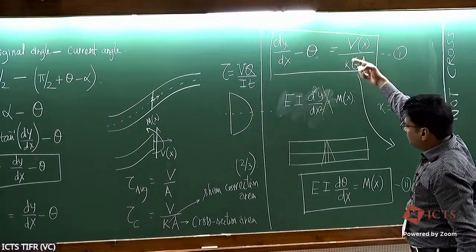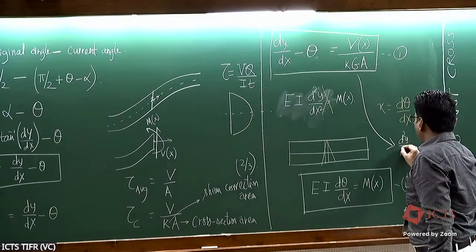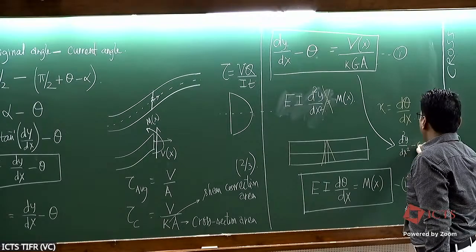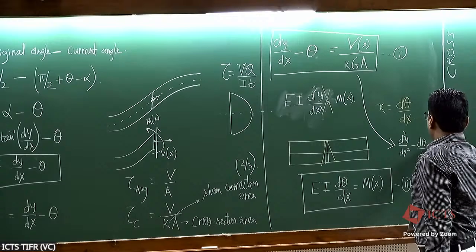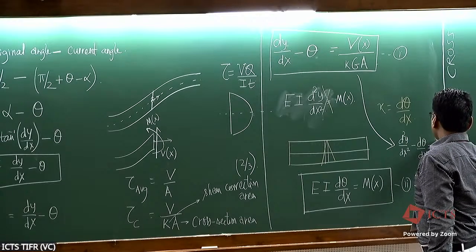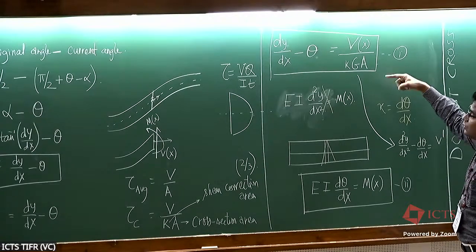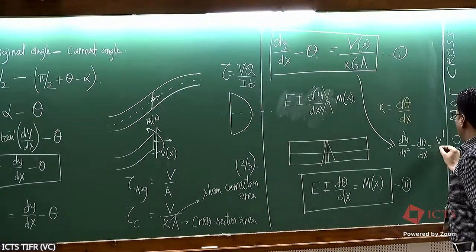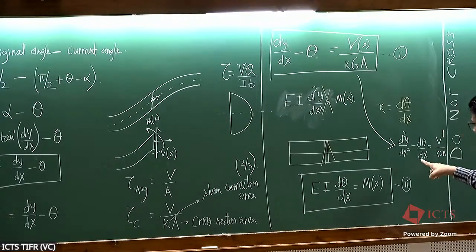When you just differentiate this, you get d2y over dx2 minus d theta over dx equal to v prime, the derivative of v with respect to x, shear force, divided by kGa. And you can indeed see that d2y by dx2 is not equal to d theta by dx. You have this extra term.